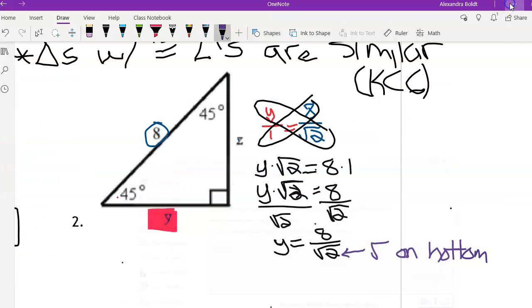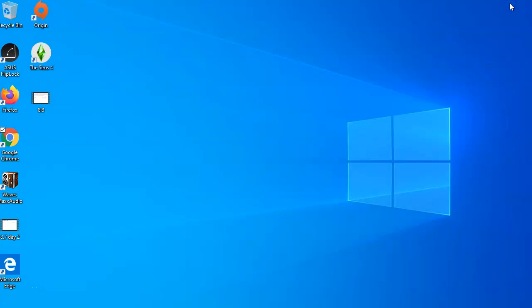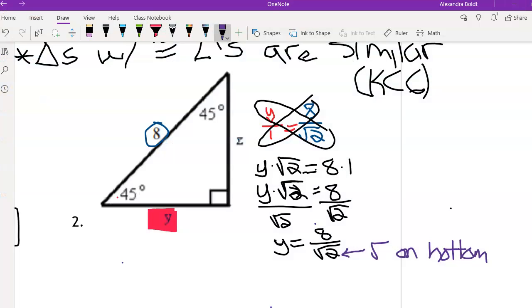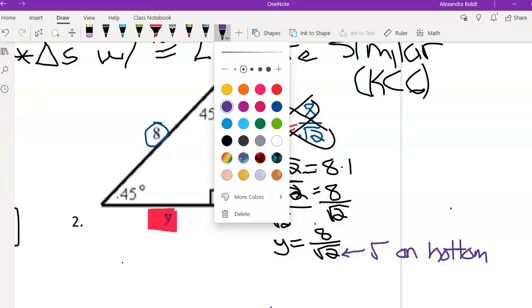Okay, it's a weird trick. I'm not really going to worry about it, which is why I'm just allowing you to use the online piece.